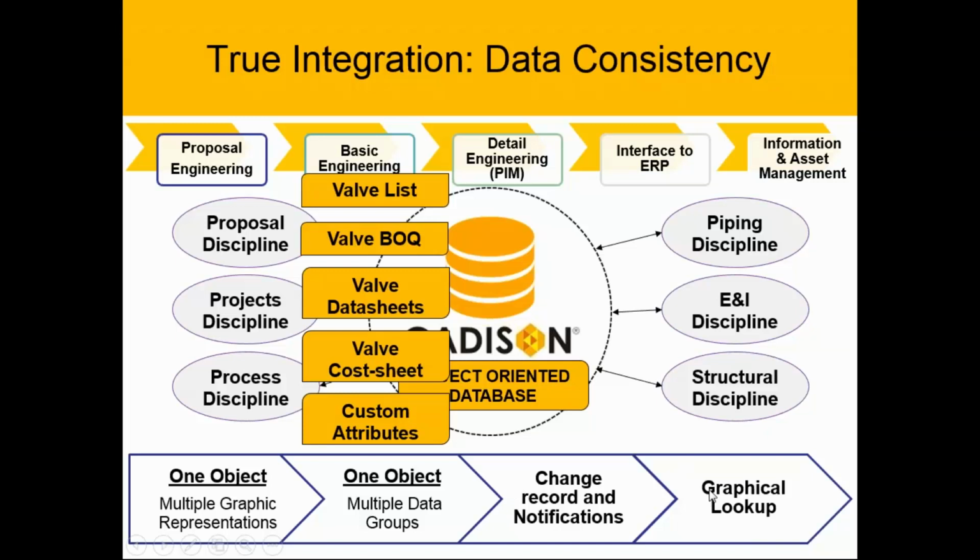The next and most important functionality available to ensure that the true integration is in fact true and complete for all objects in the drawing is that CADISON provides a graphical lookup to check the status of integration automatically. For example, users can see how many objects from a PNID are positioned in 3D with the help of color coding. All objects that are not placed yet can be highlighted in red in the PNID drawing itself.